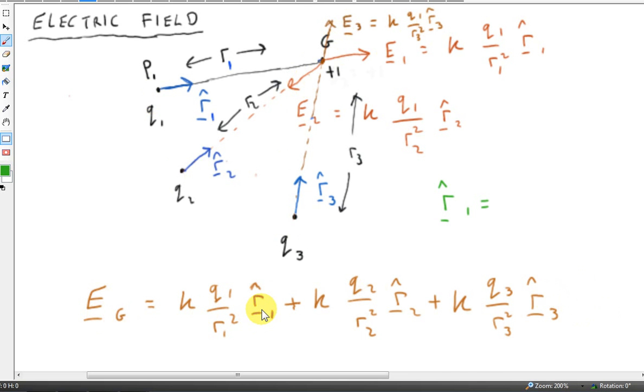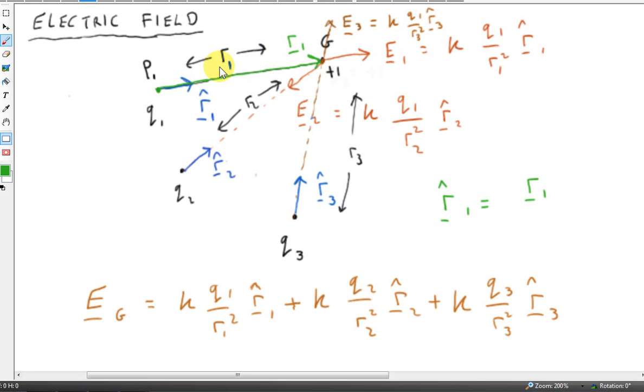Next, we will write the unit vectors in a different form. We just go back to the definition of, say, unit vector R1, this vector here. Well, that's just the vector R1 whose tail is at Q1 and whose head is at the point G. So this green vector is R1.